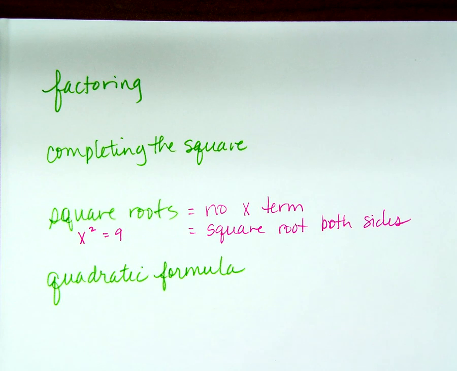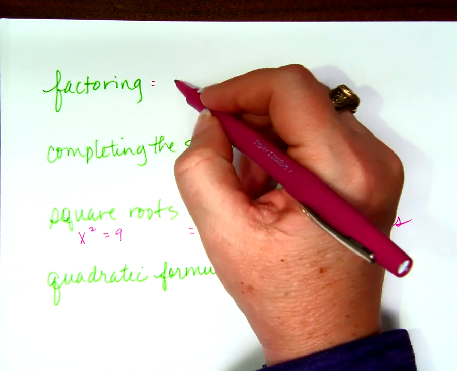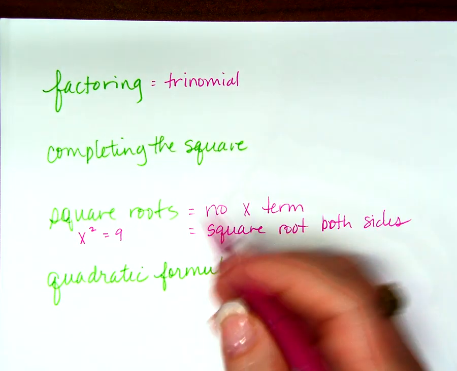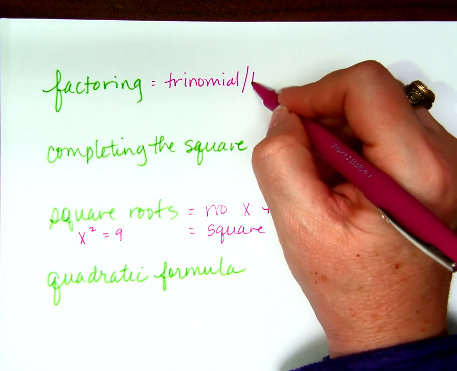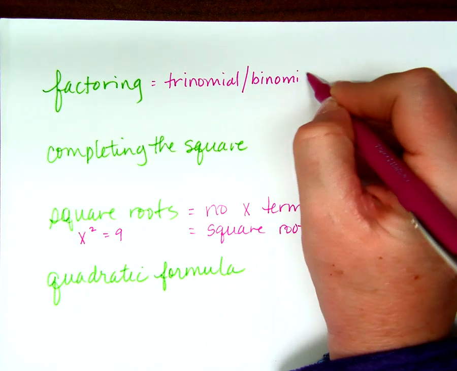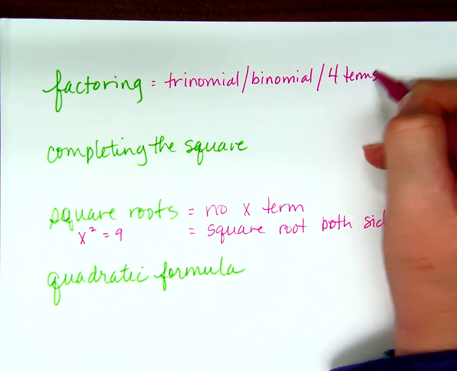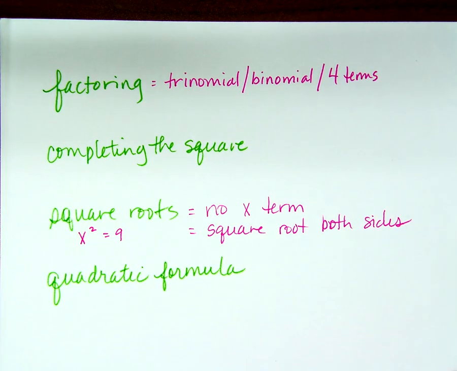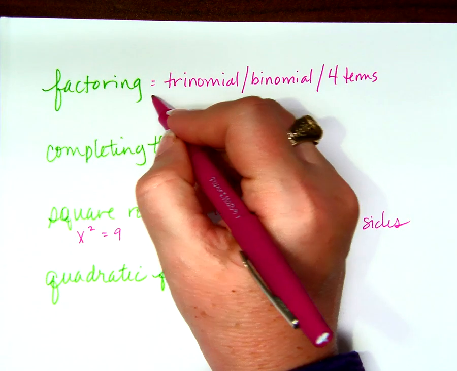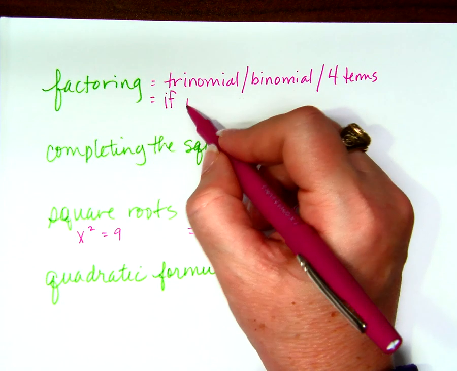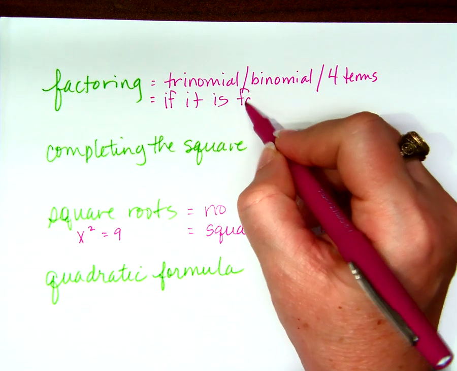So when are we going to factor? So we first need it to be a trinomial always. So it's a trinomial, a binomial, or 4 terms, right? I think that has a name, but it's not important. And mostly the time we're going to factor it is if it is factorable.